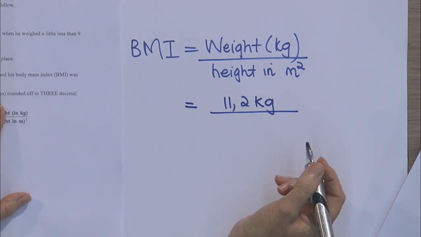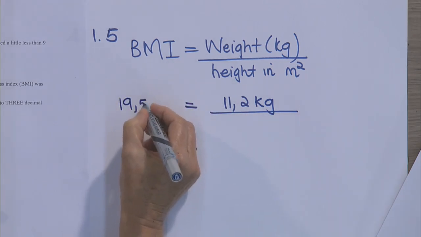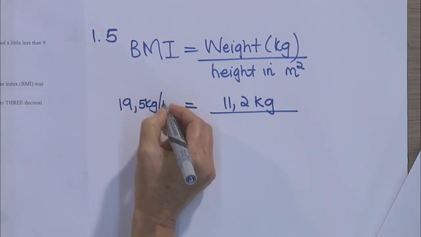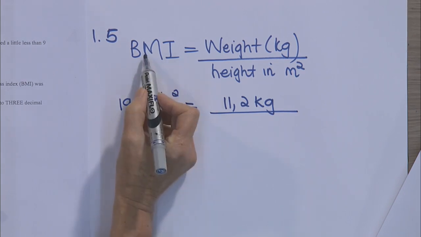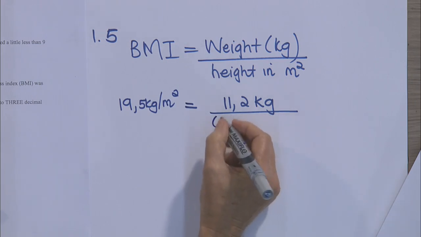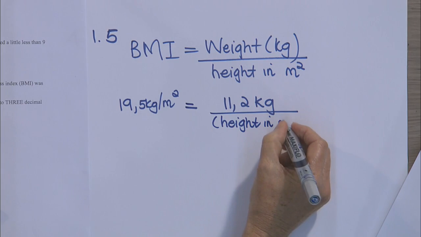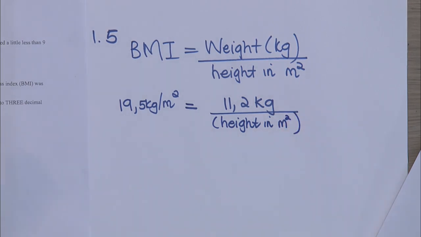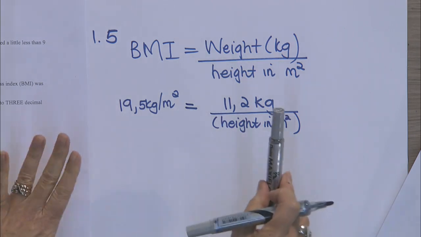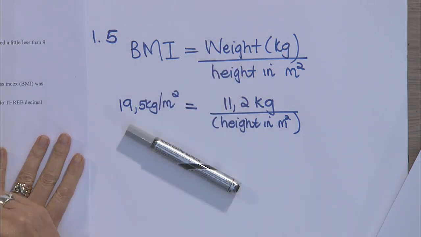And his body mass index was 19.5 kilograms per meter squared. So they gave us his body mass index. They want the height in meters. They want the height of the boy. That's what they want. So when you get a formula that's provided, write it down.